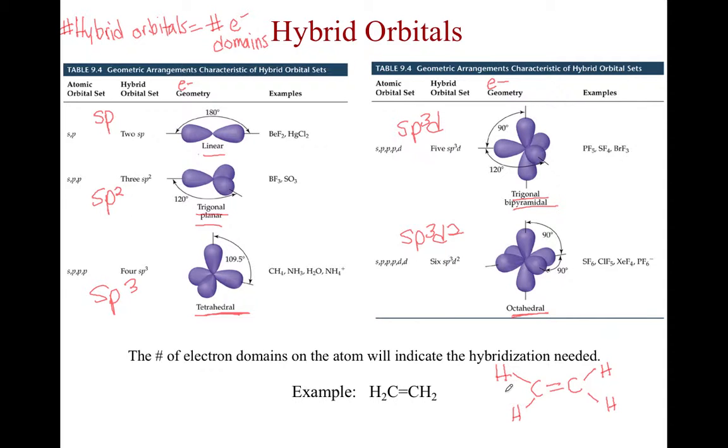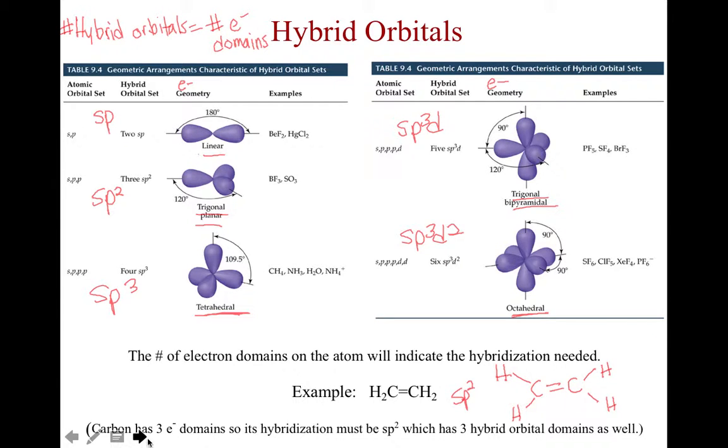So 3 electron domains is going to give us an sp2 hybridization for the carbon. And that is true for this carbon as well, because it still has 1, 2, 3 electron domains. So carbon has 3 electron domains. The hybridization must be sp2, which has 3 hybrid orbital domains as well.